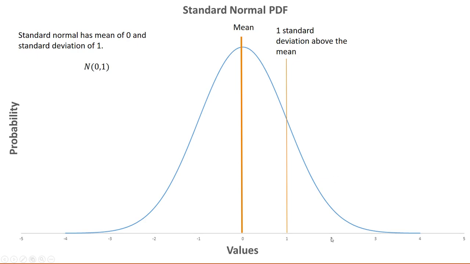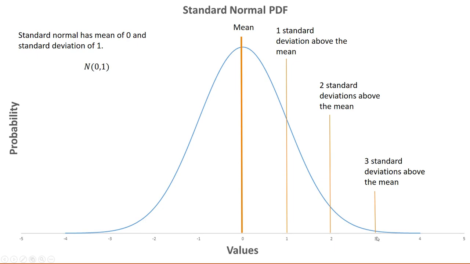Same here. The number 2 is 2 standard deviations above the mean. And again, the number 3 is 3 standard deviations above the mean. If I drew a number of 2.5, that would be 2.5 standard deviations above the mean. If I drew a number of -1, that would be 1 standard deviation below the mean.